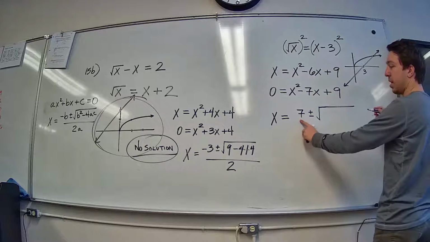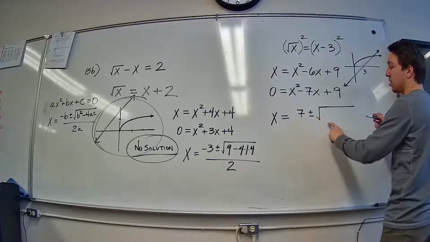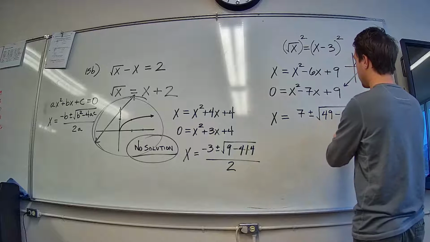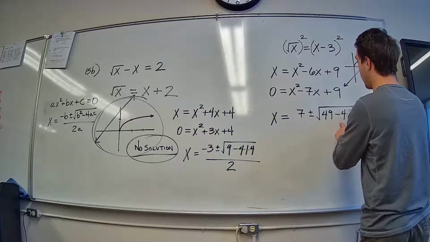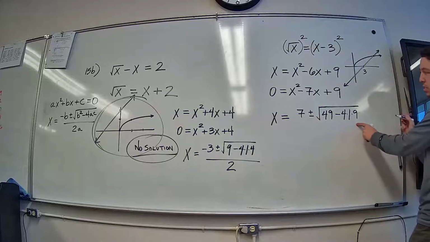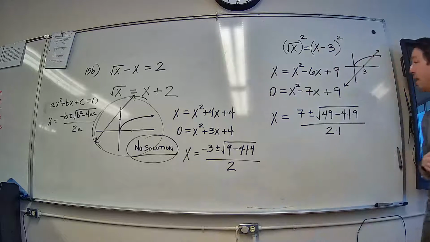So the opposite of b is 7, plus or minus the square root of 49 minus 4 times a times c. So that is going to be 36, all over 2 times a.